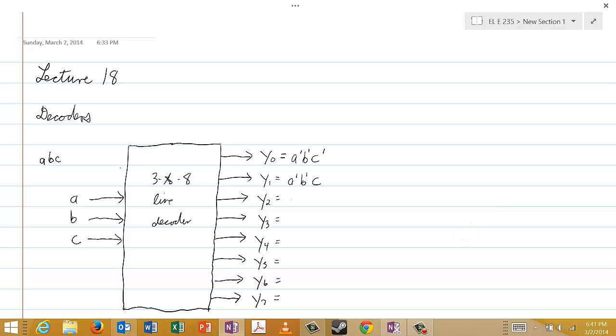So the next one after that will be A prime, B, C prime, and then A prime, B, C, and then A, B prime, C prime, A, B prime, C, A, B, C prime, and finally A, B, C. So the decoder can be thought of as a minterm, or at least this decoder can be thought of as a minterm generator.